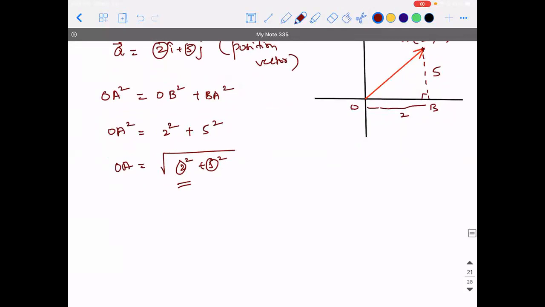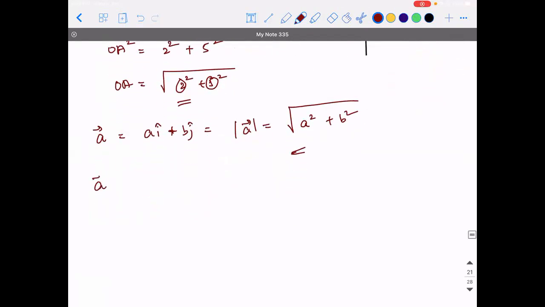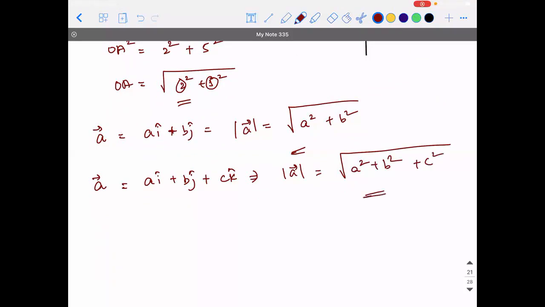So if A vector is given as AI cap plus BJ cap, irrespective of whether B is positive or negative or A is positive or negative, I can say magnitude of A vector is nothing but square root of A square plus B square. In a similar way, if A vector is extended to 3 dimensions, AI cap plus BJ cap plus CK cap, that implies magnitude of A vector is nothing but root of A square plus B square plus C square.